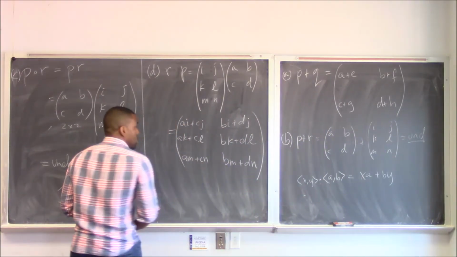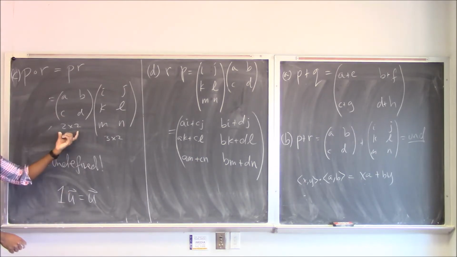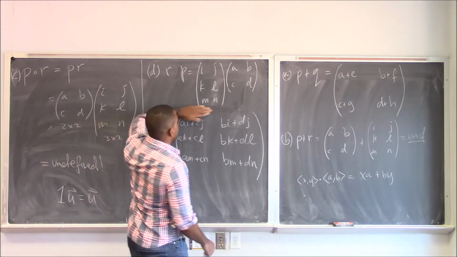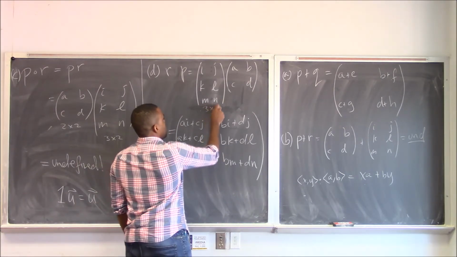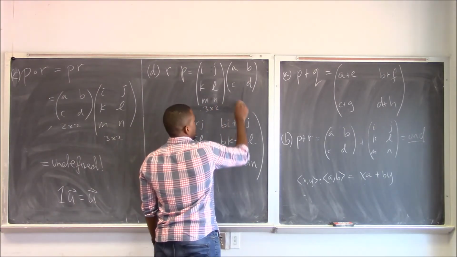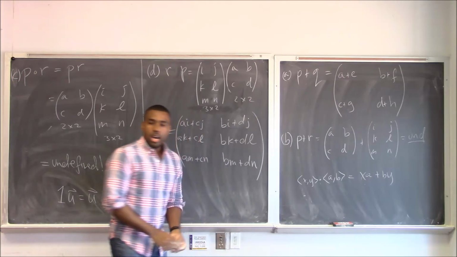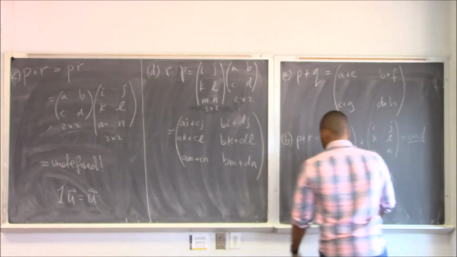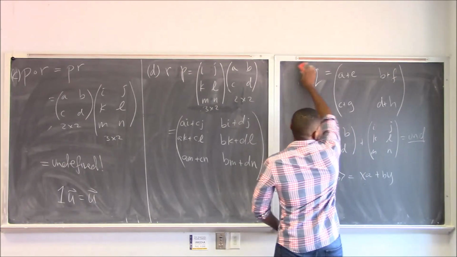I also want you to notice something else. If I use this naming convention, what is the size of this? This is a 3 by 2. What is the size of this? 2 by 2. Now, let's pay attention to some patterns here, because we're mathematicians, we're all about finding patterns.